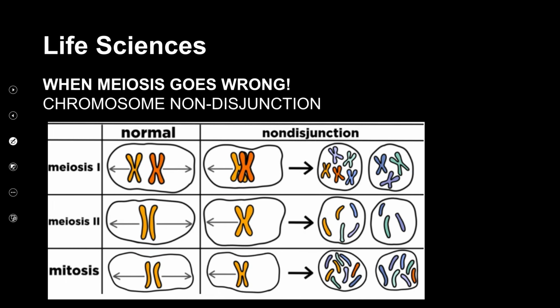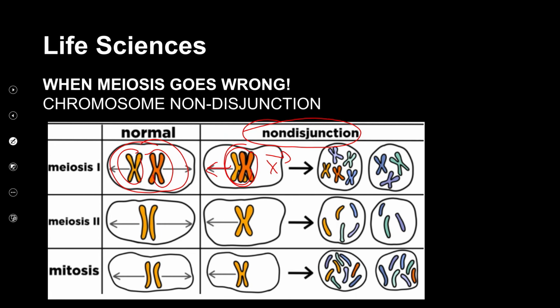Right, so this is an overview of what happens during non-disjunction, again, the non-separation. During meiosis 1, the normal process is that chromosomes move to the opposite poles during anaphase 1. However, during non-disjunction, towards one side there is no separation of chromosomes, and we see the entire pair being pulled to one cell.